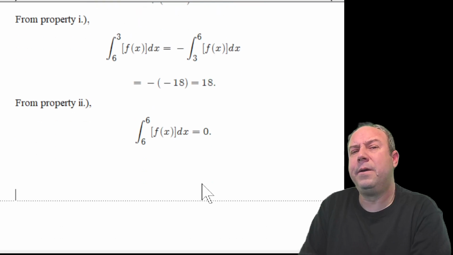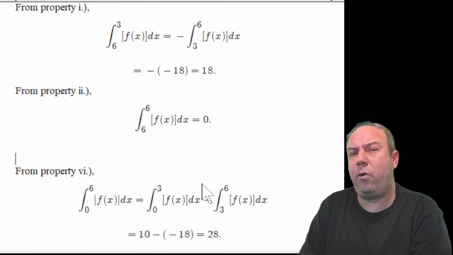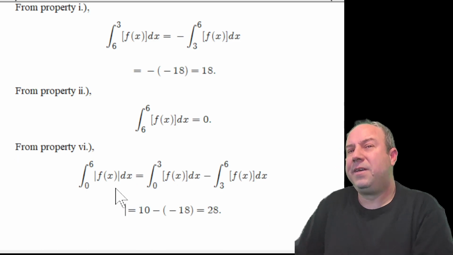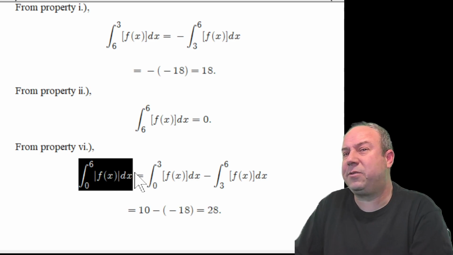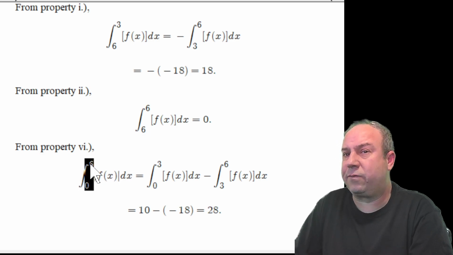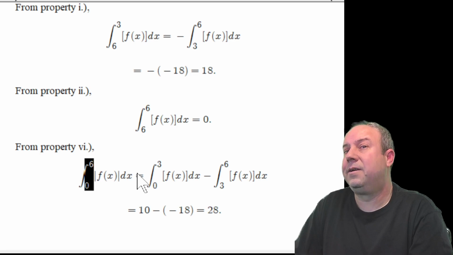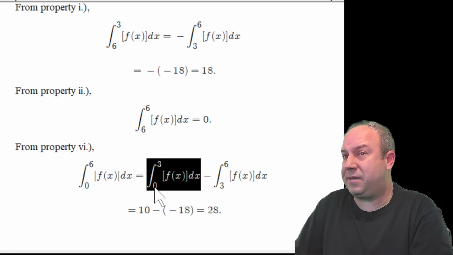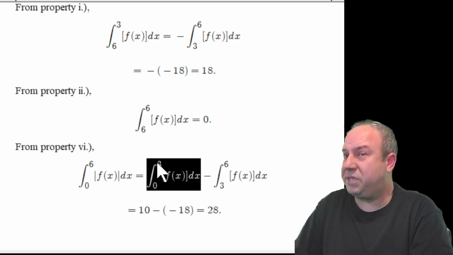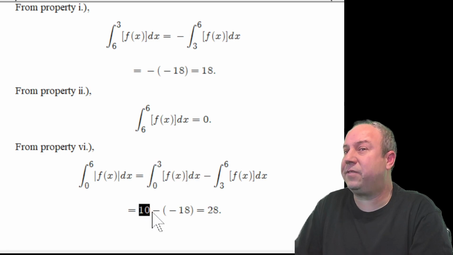All right. Property 4, well, that was the absolute value one. And what it says, if you're interested in the absolute value of function f of x as a definite integral from 0 to 6, well, you're going to want to take the region that forms above from 0 to 3 that has an area of 10 and subtract from it.